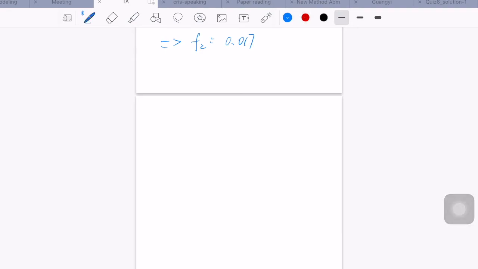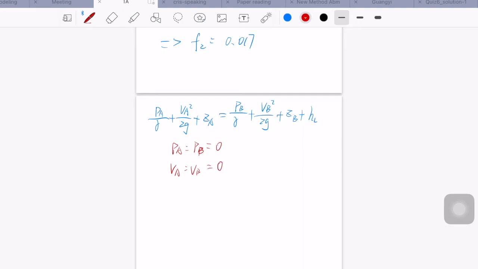We have PA divided by gamma plus VA squared by 2g plus ZA should be equal to PB divided by gamma plus VB squared divided by 2g plus ZB plus head loss. And we know PA equals PB equals 0, and VA equals VB equals 0.